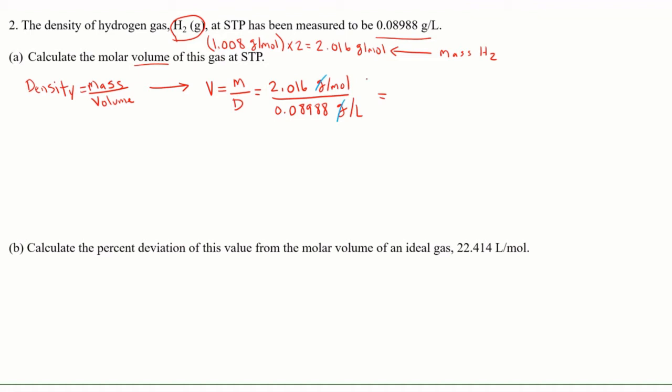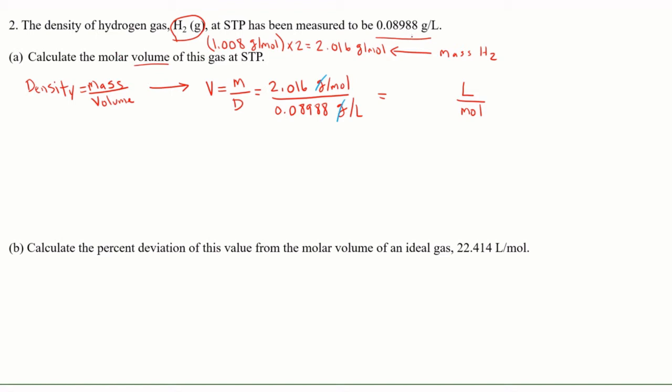So here they're inversed, so I will inverse the units, so it becomes liters over mole, which are the units for molar volume. So this tells me that I'm on the right track to find the molar volume.